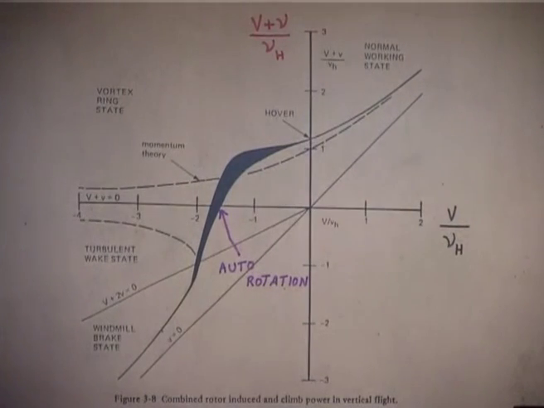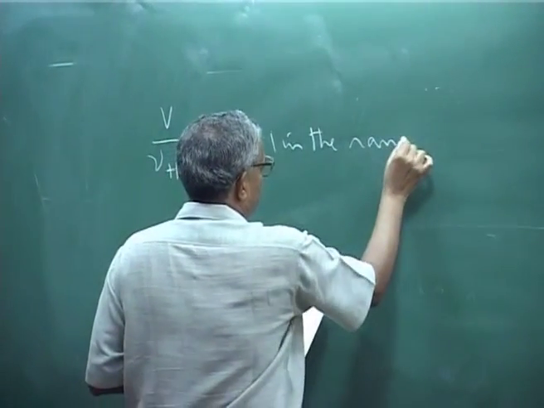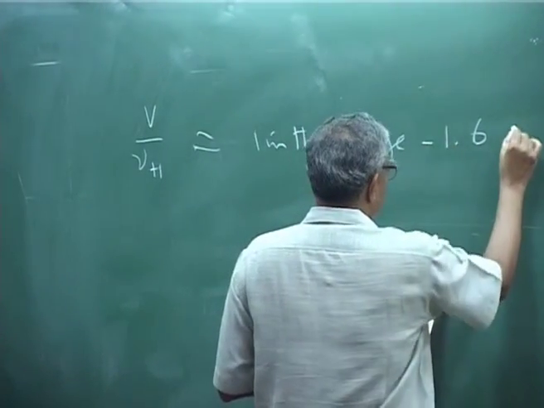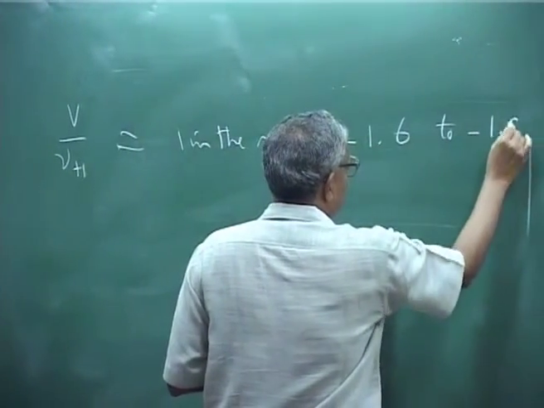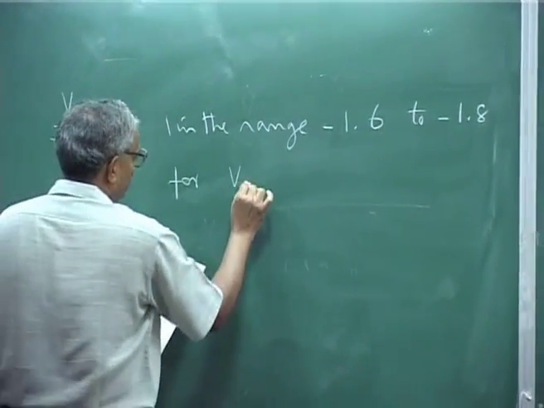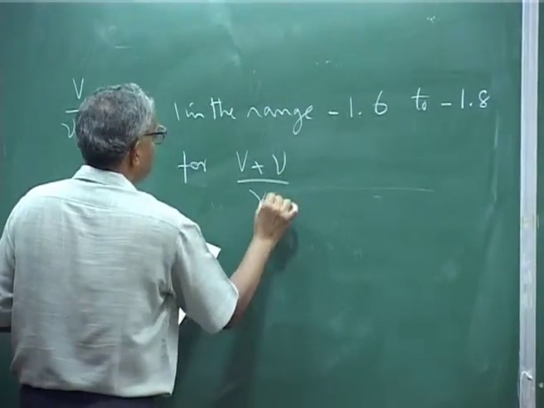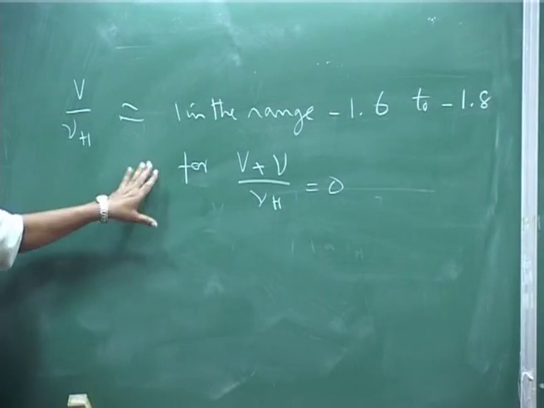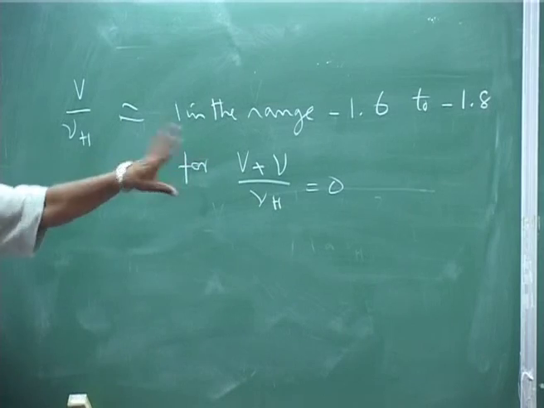V by nu h in the range minus 2 to minus 1.8, please note, for 0, because this is the 0 condition.